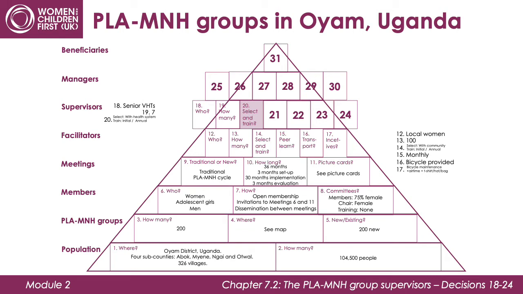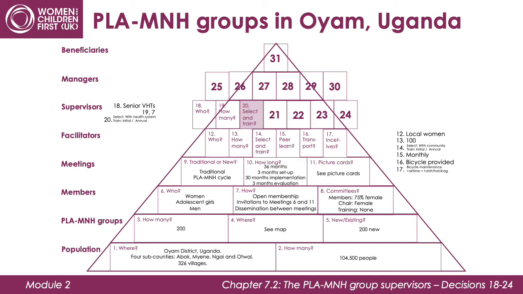Let's revisit our real-world example of a PLA-MNH group program in Oyam district, Uganda. The PLA-MNH group supervisors were selected by the partner in collaboration with local communities and health system stakeholders. Since there was only one senior VHT in each health facility catchment area, the stakeholders had to select all of them, and as a result their role was to confirm them in the role of PLA-MNH group supervisors rather than to select them for the role.